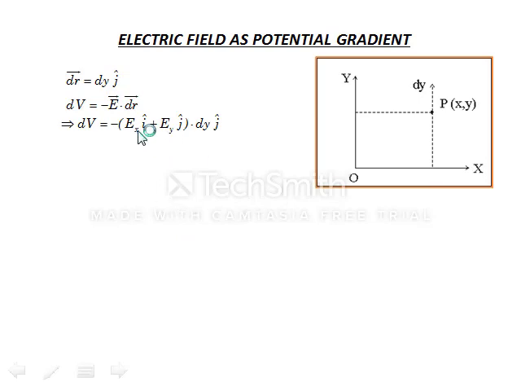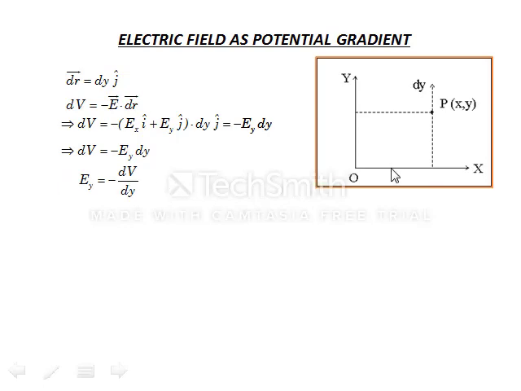Now if we take the dot product, i dot j will be 0, j dot j will be 1, we will have minus Ey dy. So dV is minus Ey dy. So from here we'll have the y component of field Ey as minus dV by dy. This is about the y component of field.